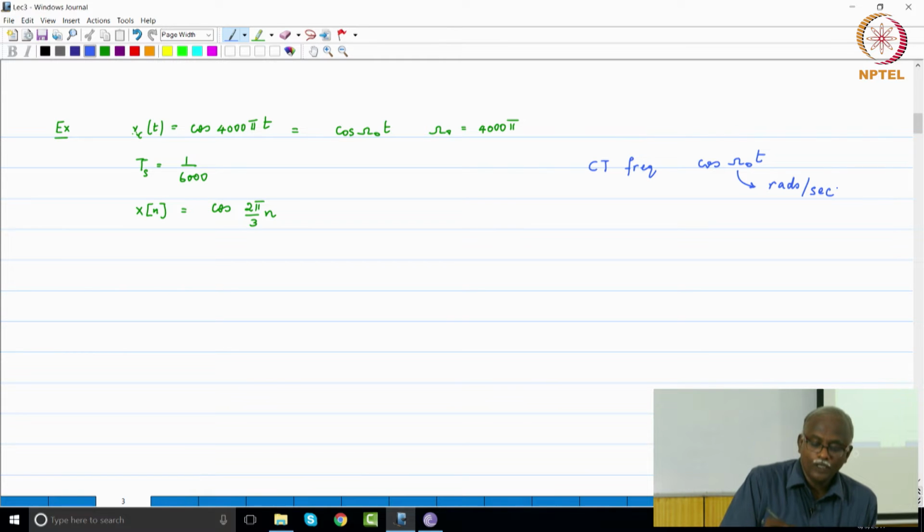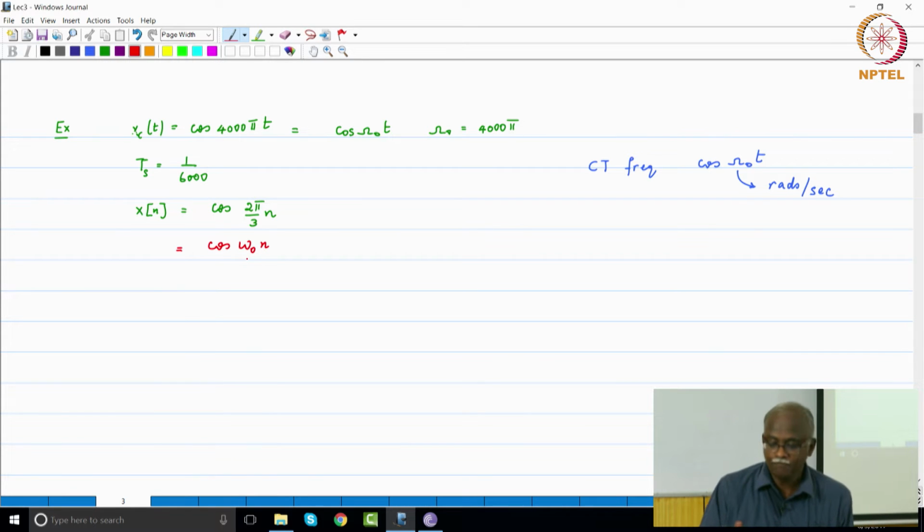Okay. Now, on the other hand, if I wrote this using a slightly different notation, cosine omega naught n, that is how we would represent a sinusoid in the discrete time. Now, the discrete time frequency is cosine omega naught n, where the unit of n is samples, actually basically a dimensionless quantity.